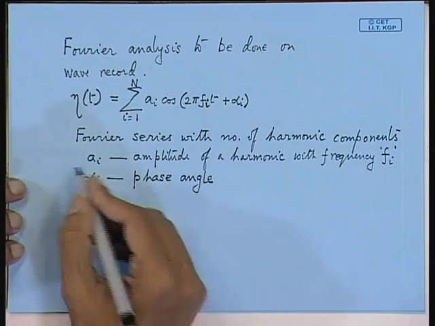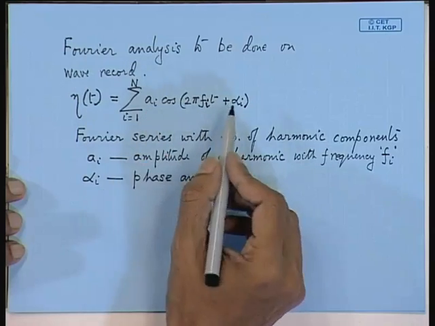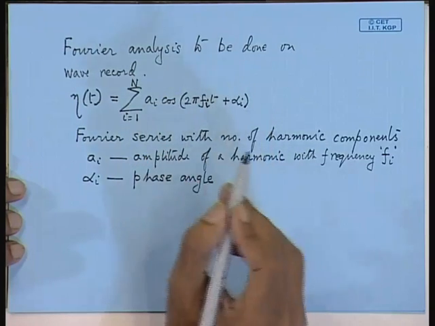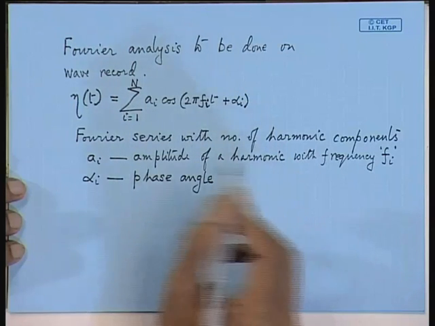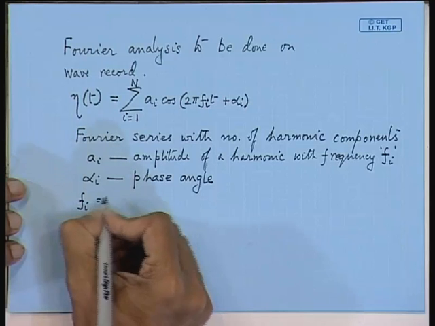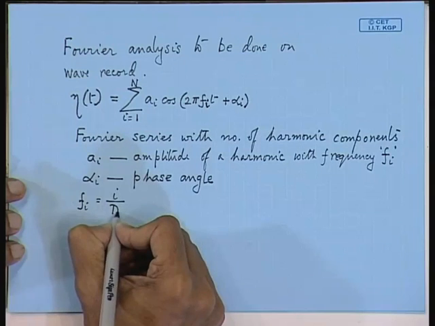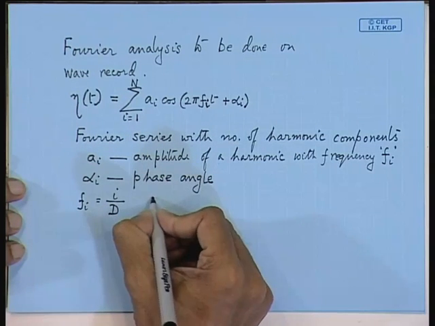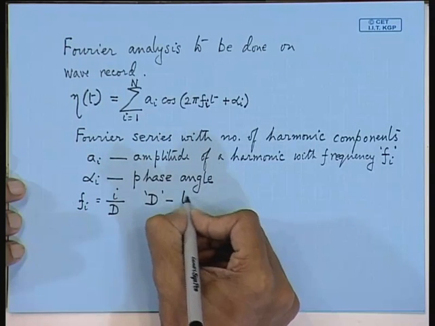This you should know. These three terms out here, that is ai is your amplitude, Fi is your frequency, and alpha is the phase angle. Now, Fi you write as i over d. Now, d has already been defined as time duration.